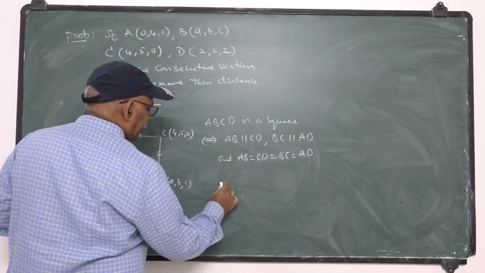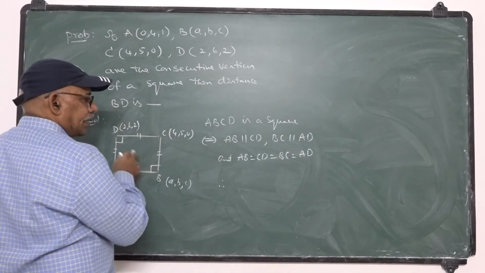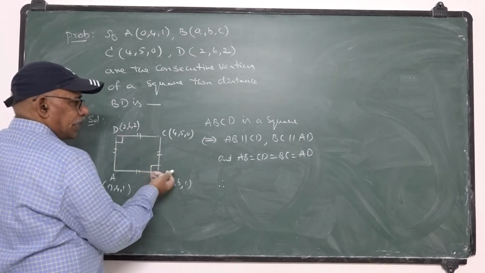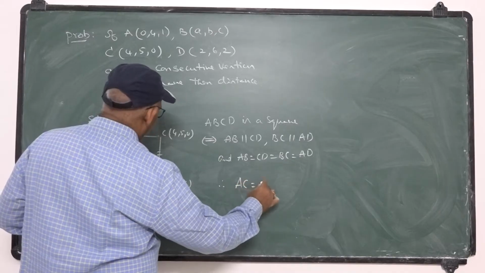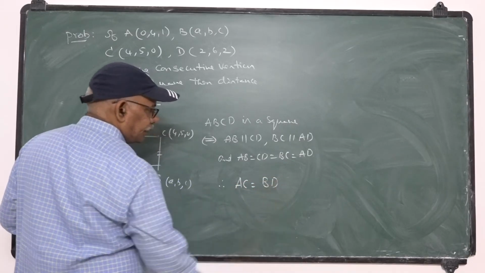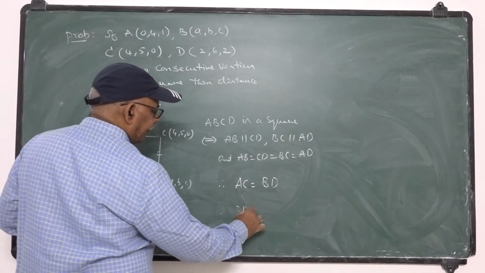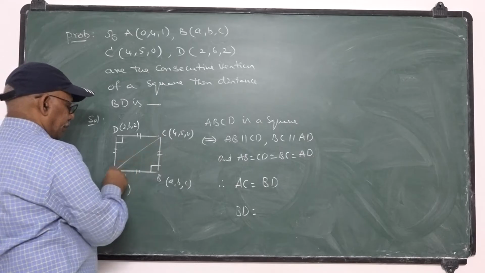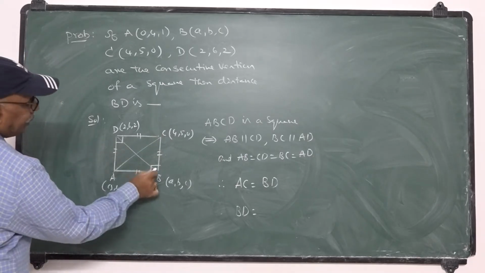Therefore, in a square the lengths of the diagonals are equal. This diagonal length is equal to this diagonal length, so AC is the same as BD. BD equals the distance between A and C. Instead of finding BD, it is sufficient to find AC.